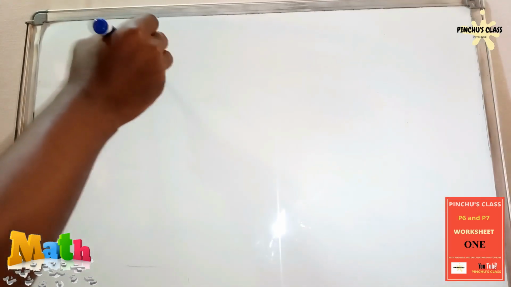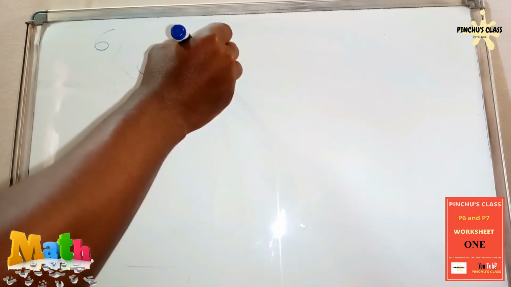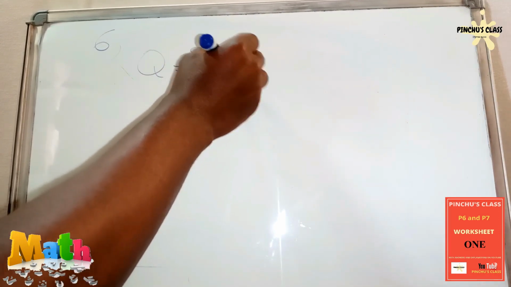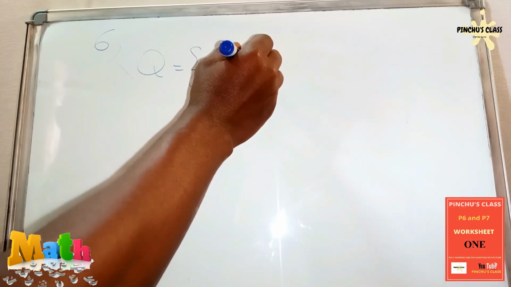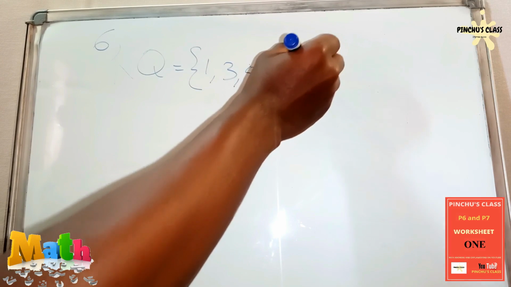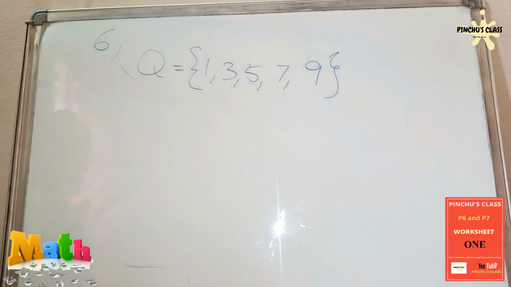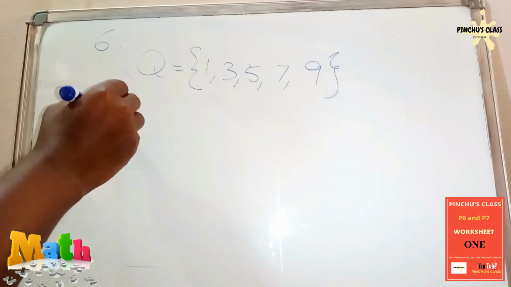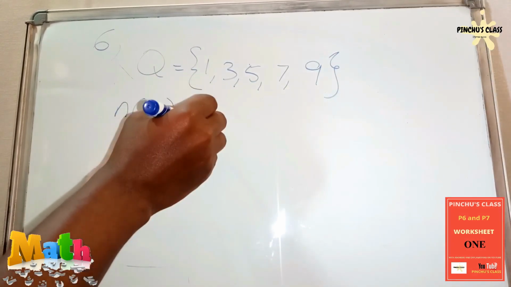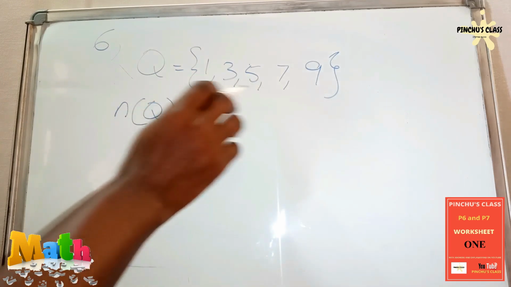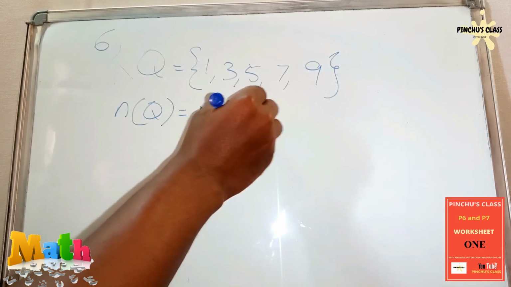So we are going to first list the elements in set Q. We have 1, 3, 5, 7, and then 9, and those are the elements in set Q. When we count these, they are 5, so it's going to be 5 elements.